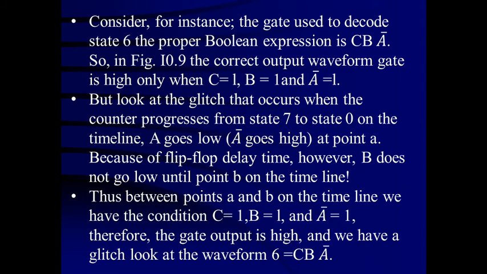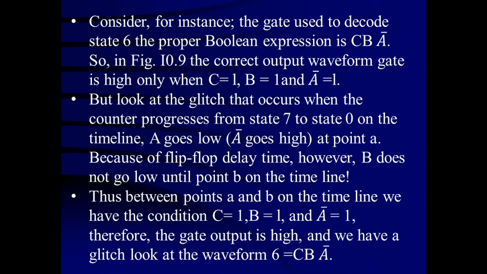A goes low and A bar goes high at point A because of the flip-flop delay time. However, B does not go low until point B on the timeline. Thus, between points A and B, we have the condition C equal to 1, B equal to 1, and A bar equal to 1. Therefore, the gate output is high and we have a glitch.